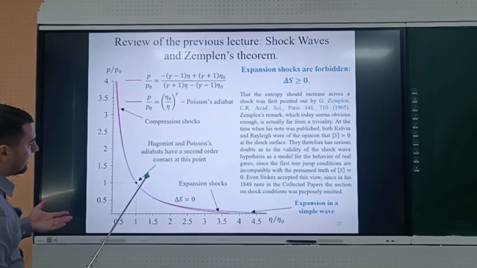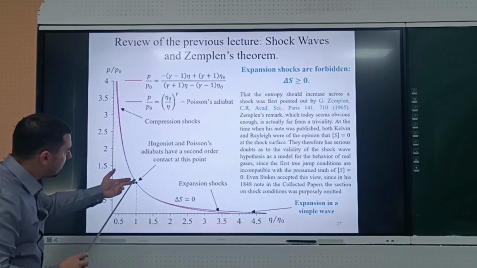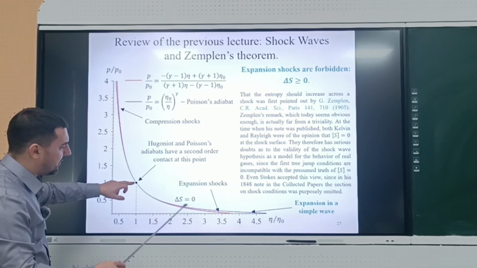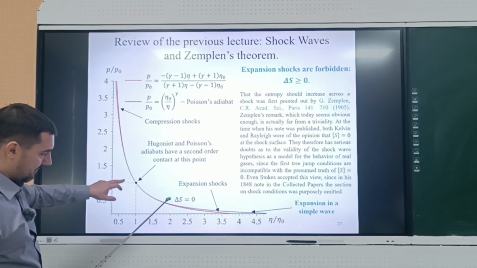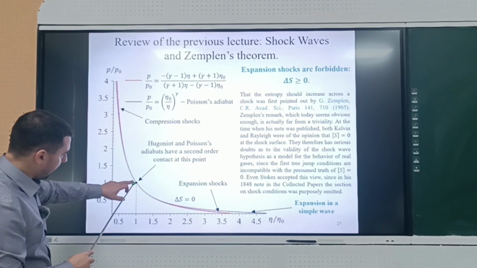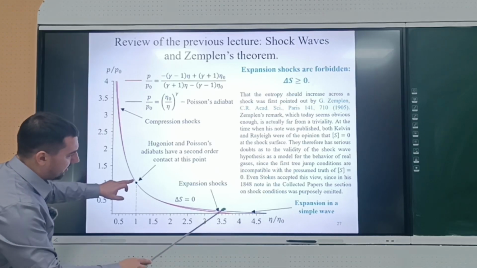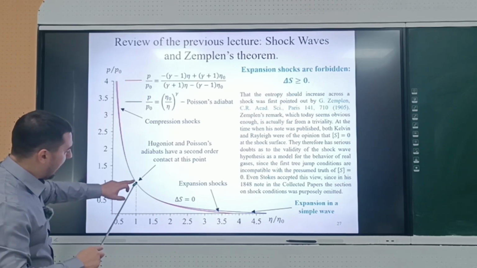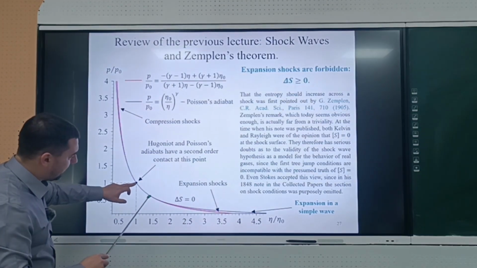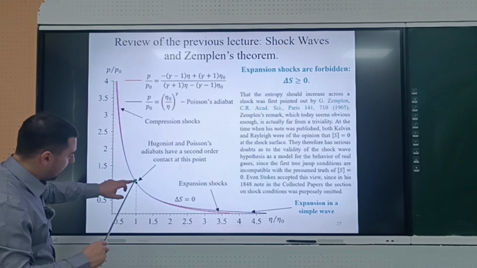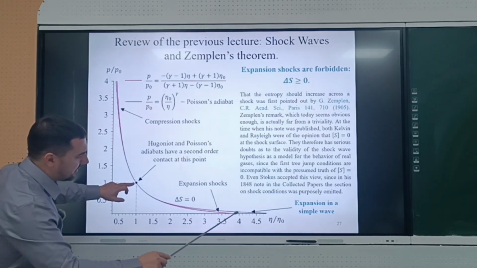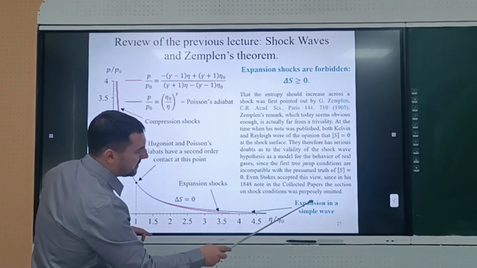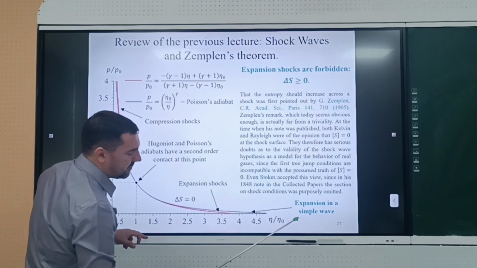For example, consider this state. The pressure in this state can be increased in a shock wave. But how can the pressure be decreased in this state? The answer is that this blue curve is not only there to show that this red one is wrong. Actually, the pressure at this point indeed can be reduced along this blue curve, and this blue curve corresponds to the solution that we obtained, expansion in a simple wave.